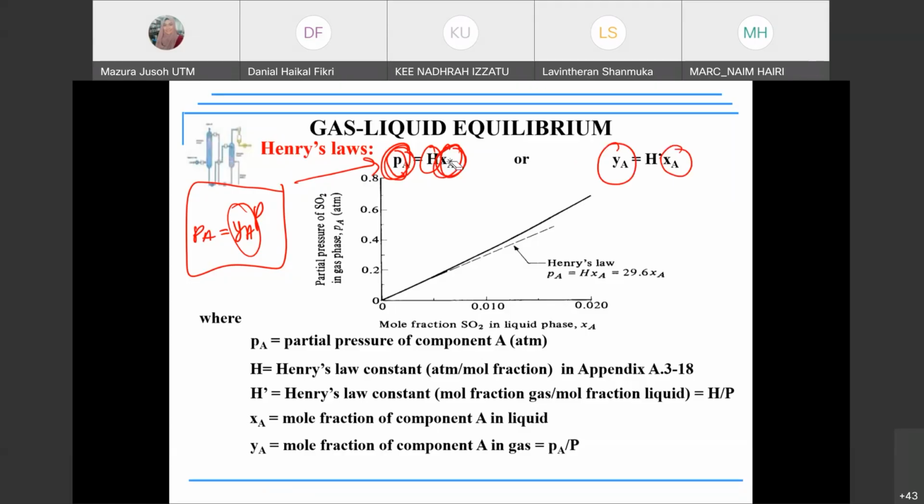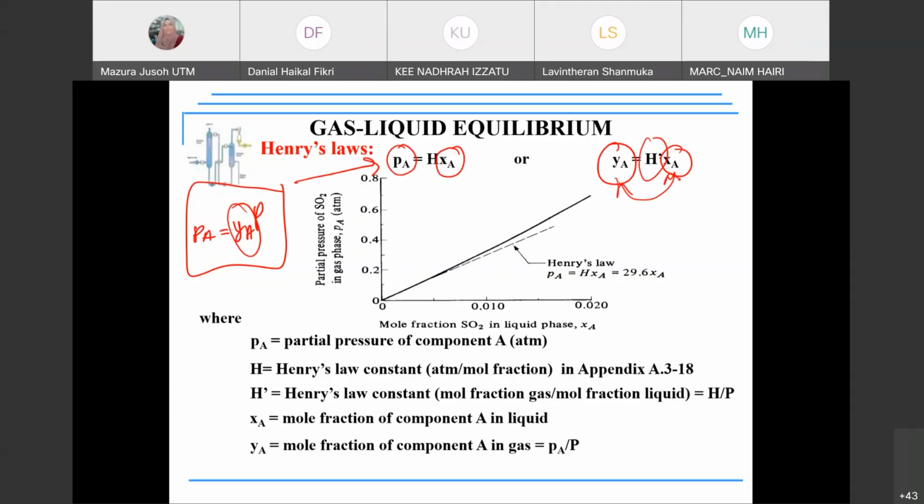If you use the Henry's law constant H, not H prime, you relate PA and XA. If you use the Henry's law constant H prime, you relate YA and XA.